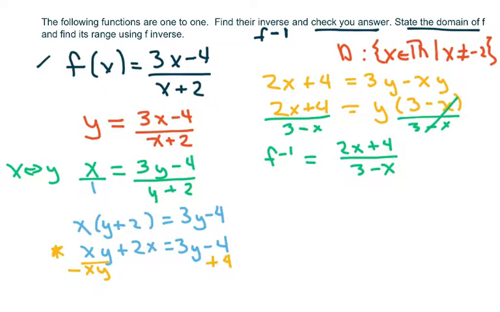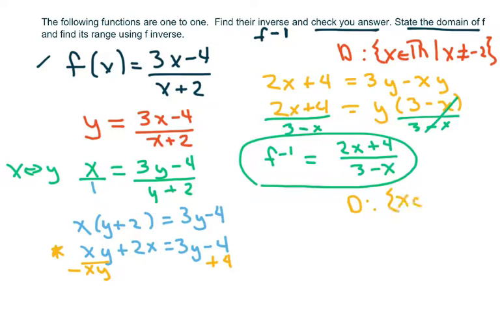Now we're supposed to check the answer, but since we're on this page here, we're going to state the domain of this. If you look at this, the domain of this is all real numbers. However, x cannot be 3, because if it was 3, then you'd get 0 in the denominator. Since we switched the x and y, that means that's the range of my original function.